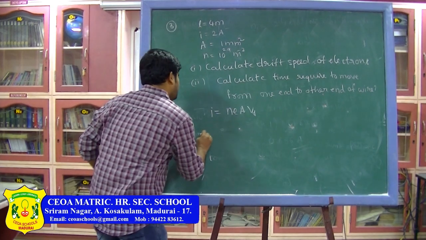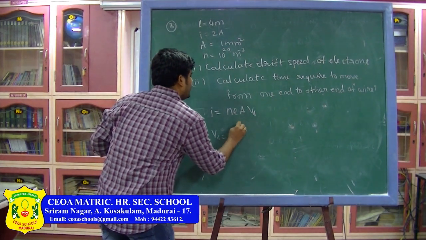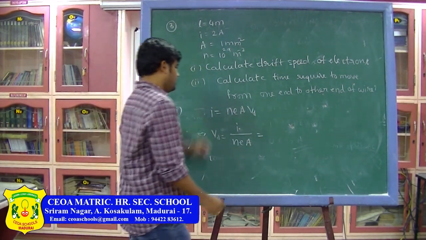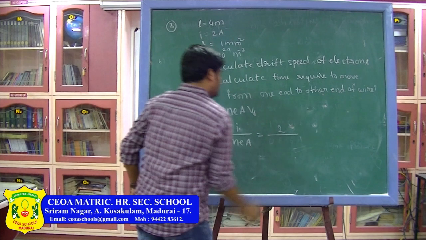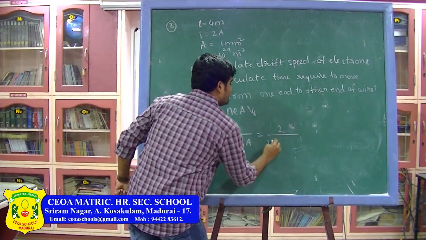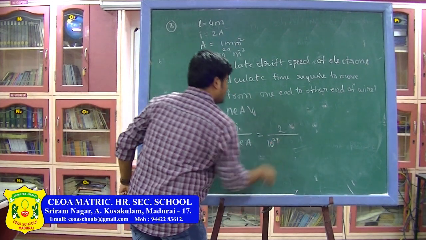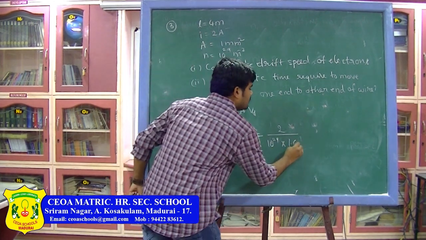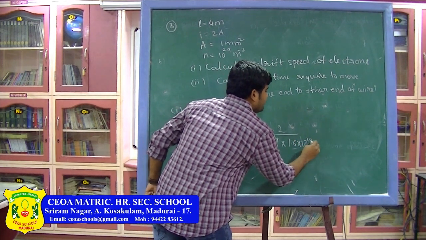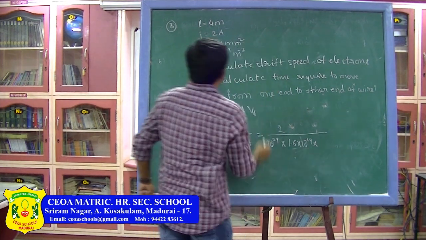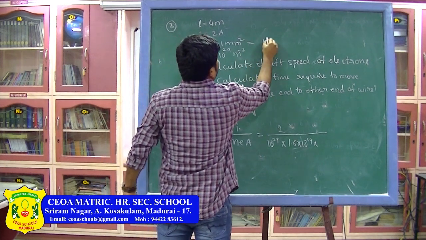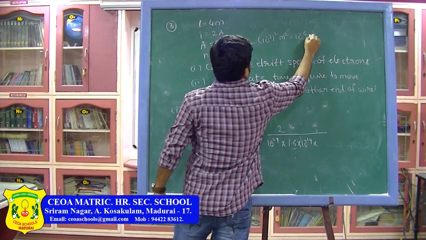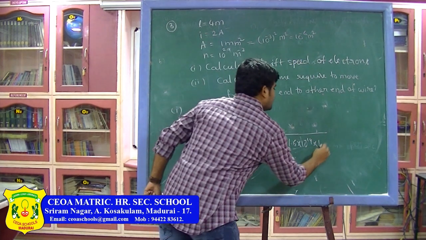So drift velocity Vd is equal to I divided by N E A. Substituting the given physical quantities: current is 2 amperes, number of electrons per unit volume N is 10 to the power of 29, into the charge of the electron, which is a standard value, 1.6 into 10 to the power of minus 19, into area 1 millimeter square. If you convert this into meters, 10 power minus 3 whole square, that is 10 power minus 6 meter square is the area.